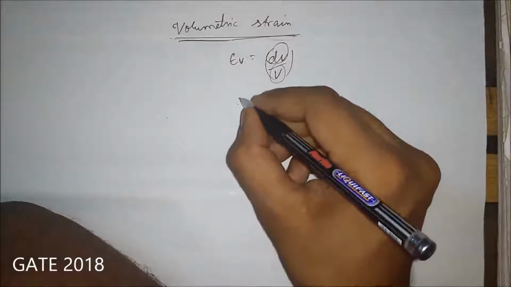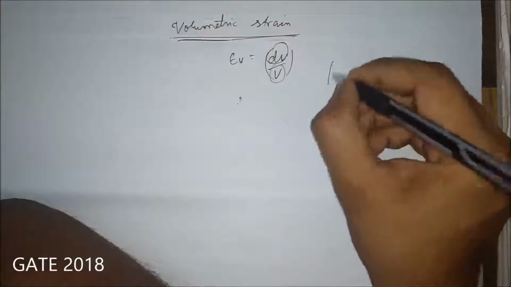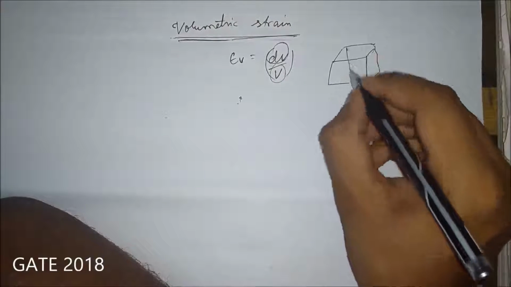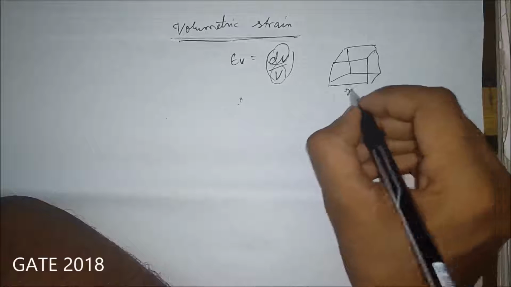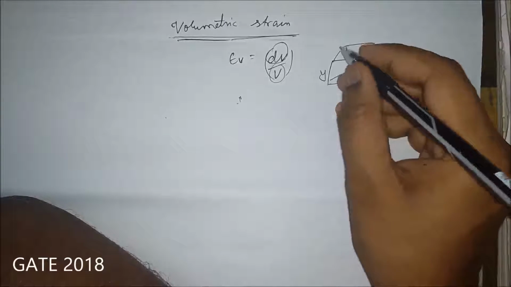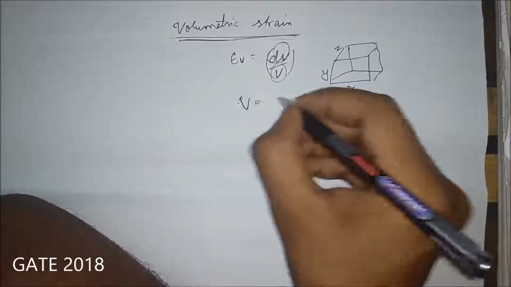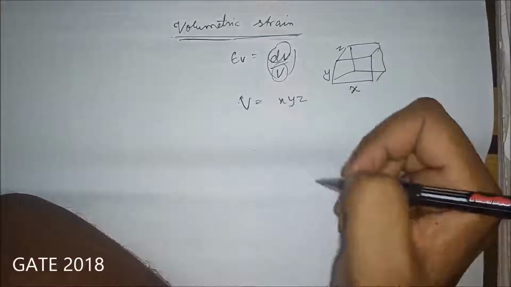If we take a cuboid of dimensions x, y and z, in that case volume will be equal to xyz.